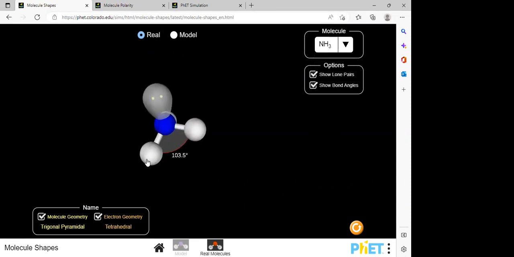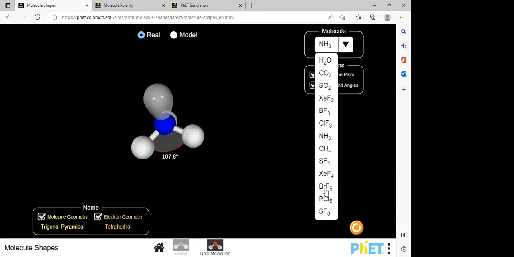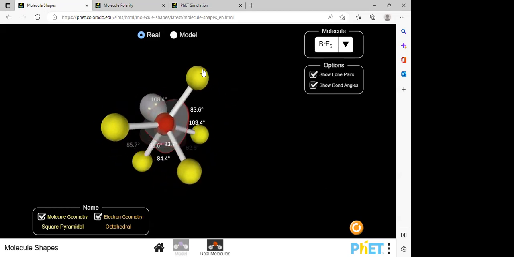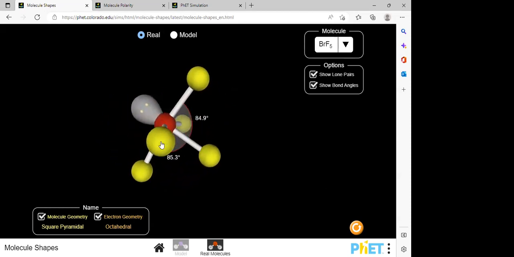We did this. This is NH3. This is a 4-1 for an electron geometry, tetrahedral, 3-1 for a true geometry, right? And if I go down, this one we did. This is BrF5. We did this.